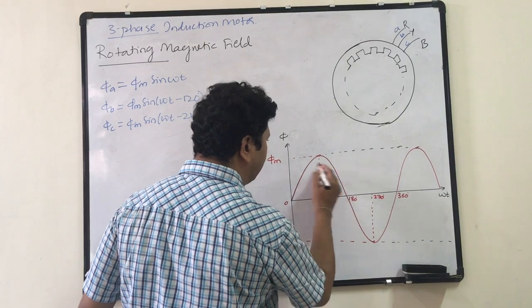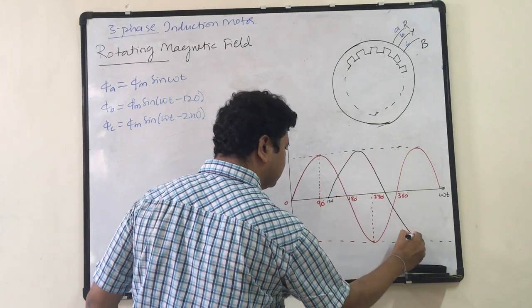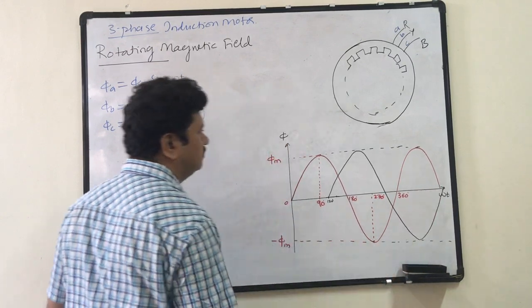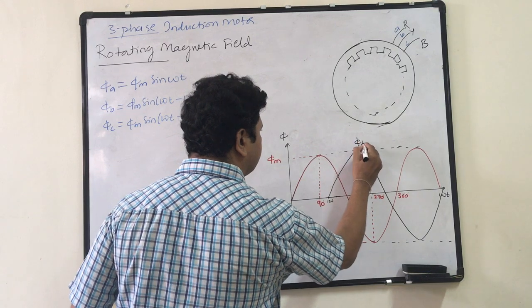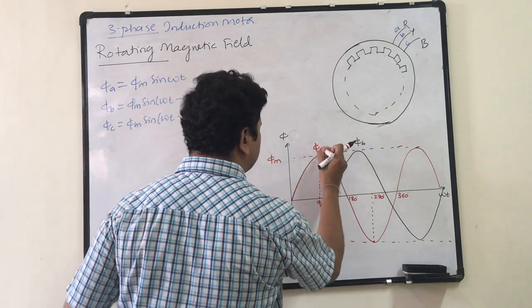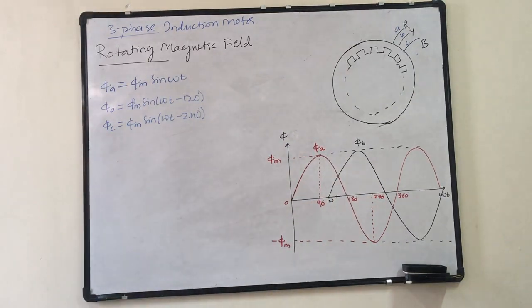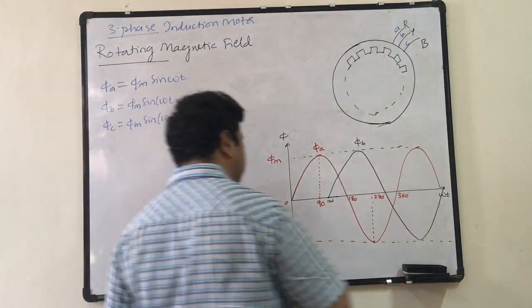draw a waveform parallel to the first waveform. That's it. So this is phi B. This is phi A. Okay. Now phi C will be at an angle of minus 240 degrees with respect to phi A. R, Y, B, this will be blue.